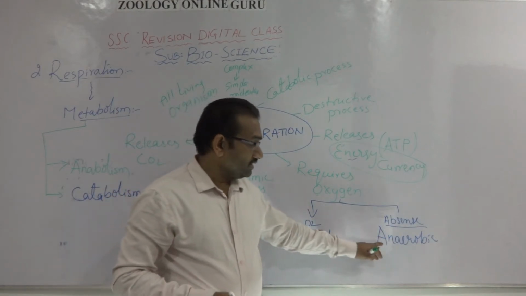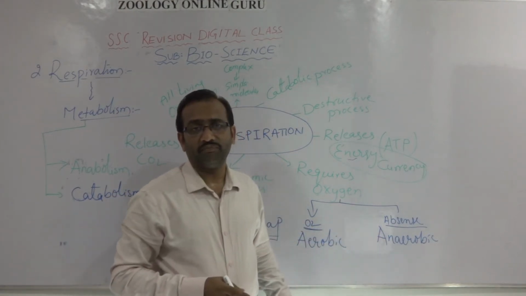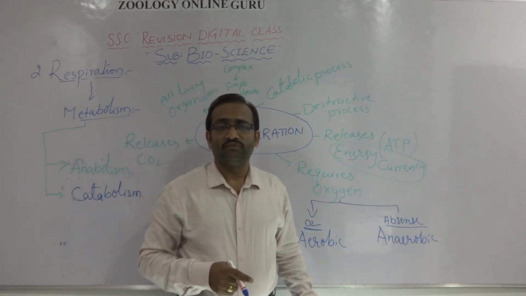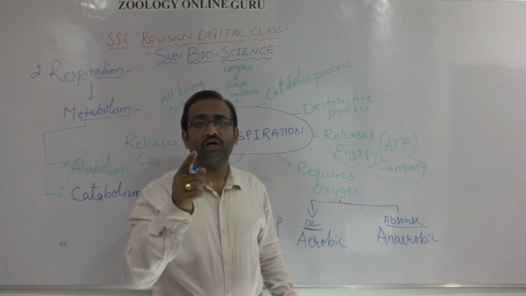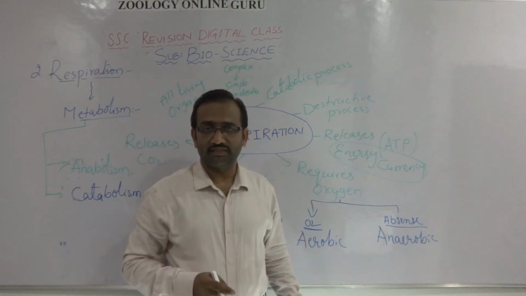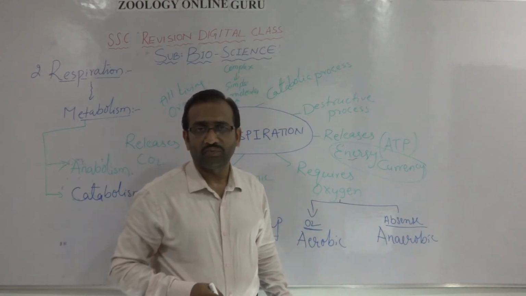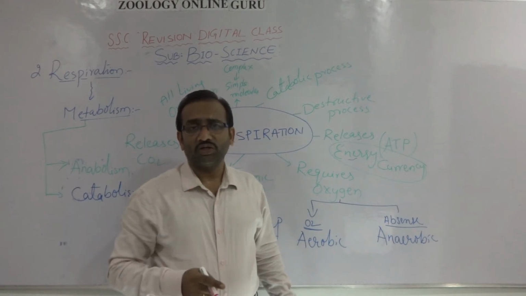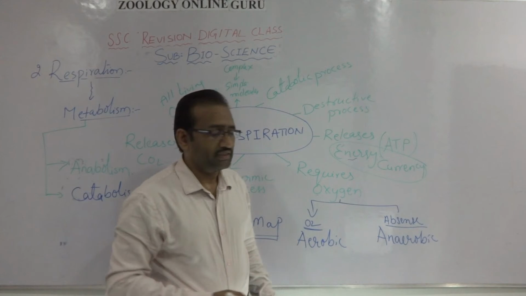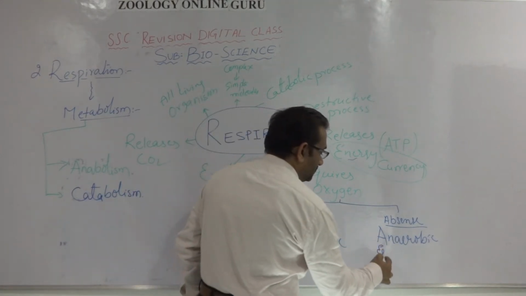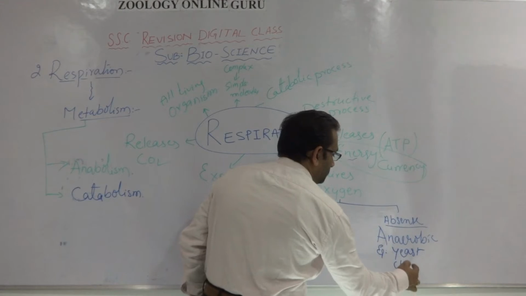Another process in anaerobic respiration is fermentation. The best examples for fermenters are yeast cells. The unicellular fungus is called yeast. They participate in fermentation, whereas the bacterium Clostridium tetani undergoes anaerobic respiration. So here the examples are yeast and Clostridium.